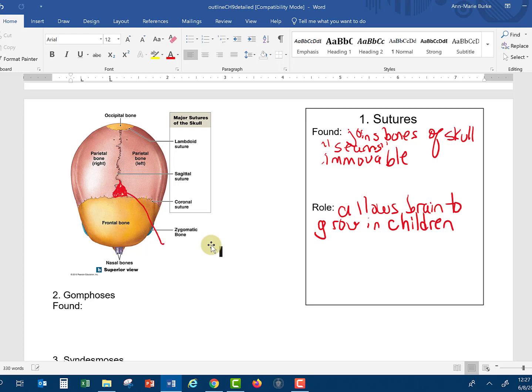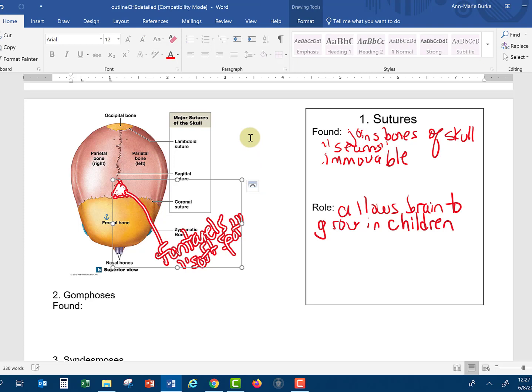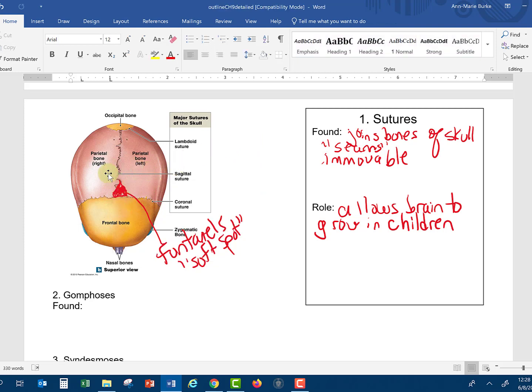They call these fontanelles in children. That's a word that people often use, or some people just say the soft spot. The reason it is so wide here is because the brain is growing. The nervous system grows a little more slowly than the skeletal system, and the wideness of the suture allows the brain to expand.